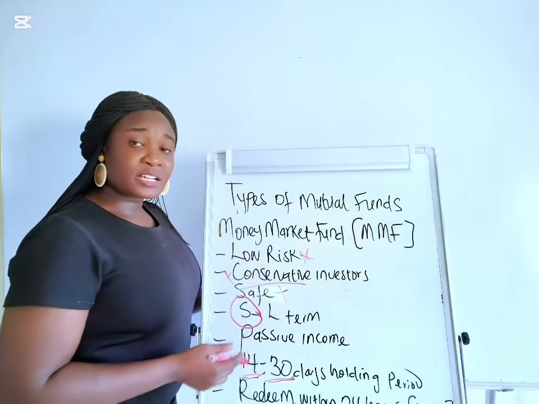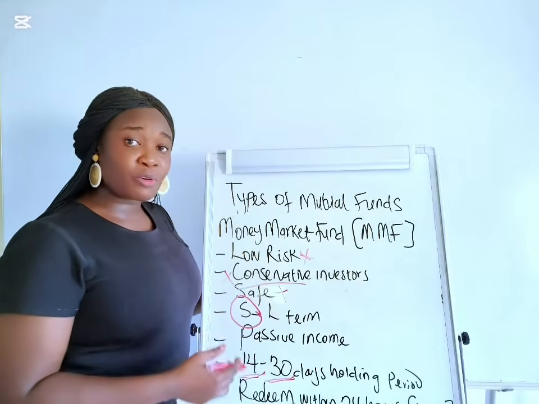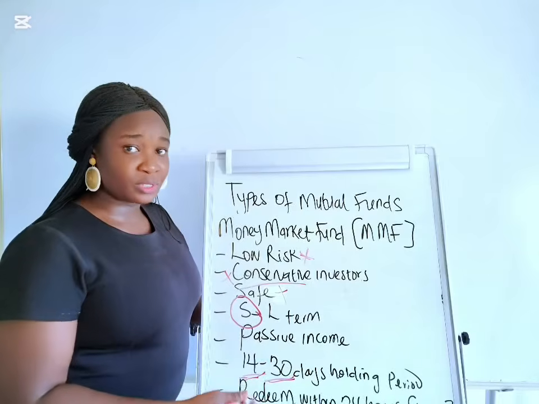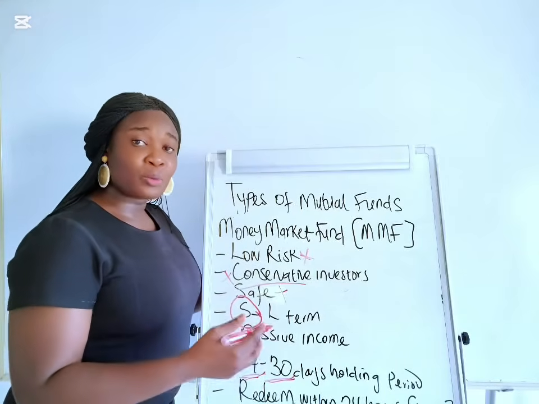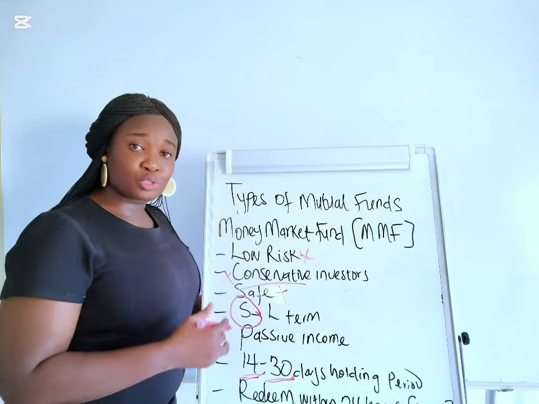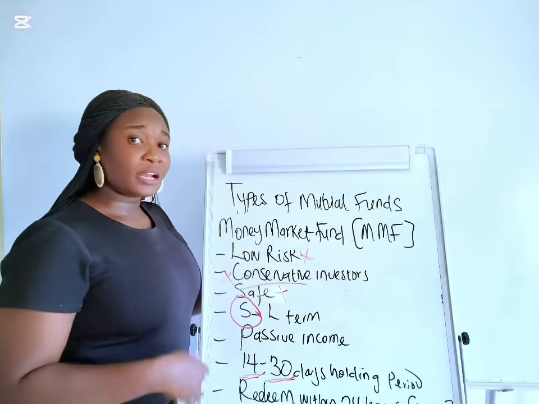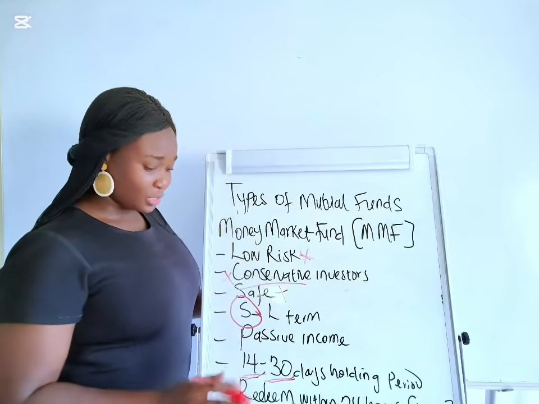Say for instance, if you have like 30 million in your portfolio, it's going to return a minimum of 500,000 naira to you every month. So if you choose to withdraw your 500,000 naira, you can withdraw this on a monthly basis for the next 12 months or as you so wish. And if you don't want to withdraw, you can leave it in your account and allow it to compound. So this your interest also generates another interest for you.